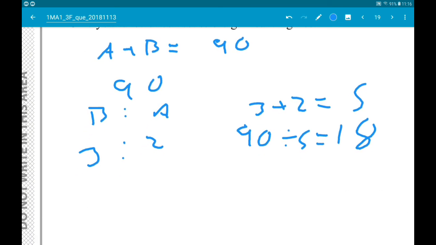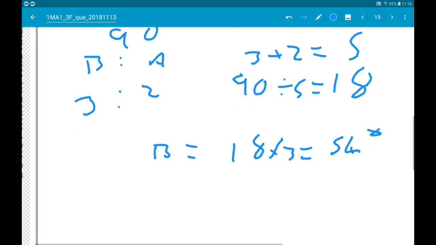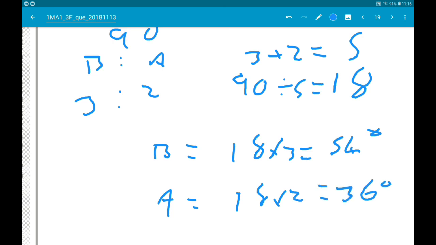So angle B is 18 times 3, which is 54 degrees. That then makes angle A, 18 times 2, it's 36 degrees.